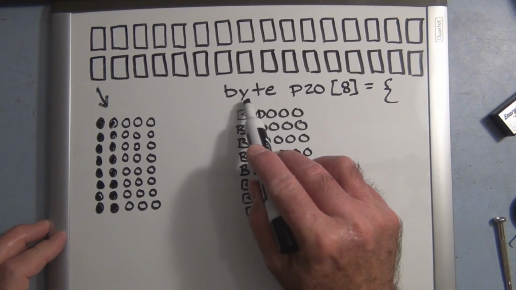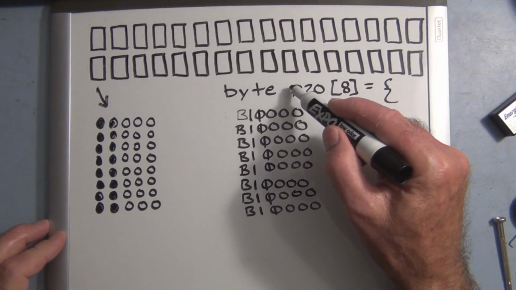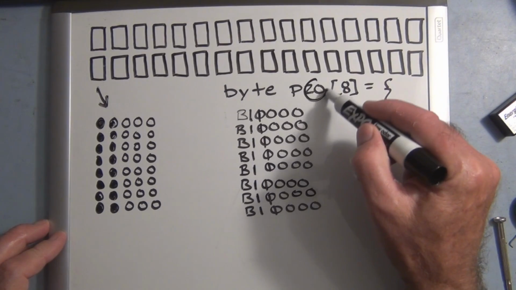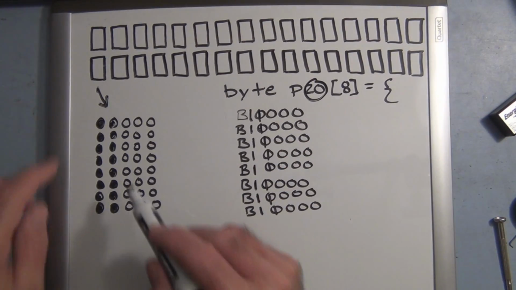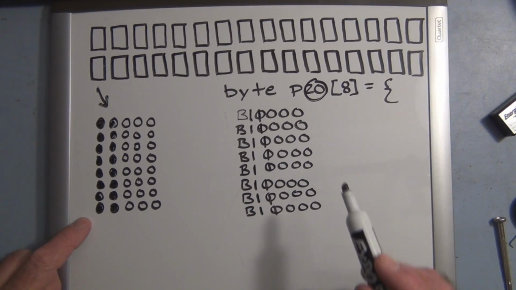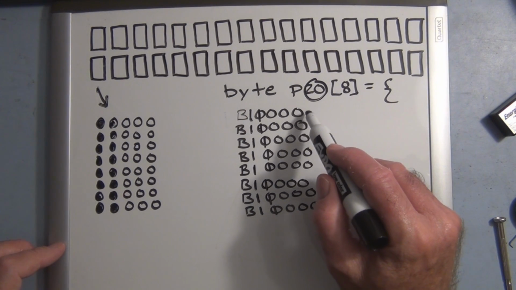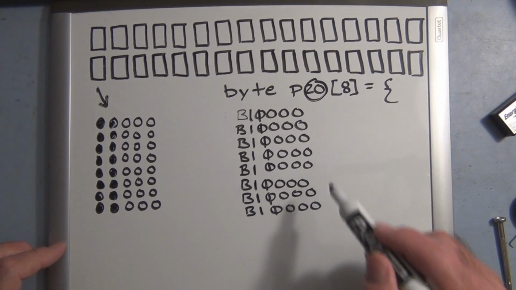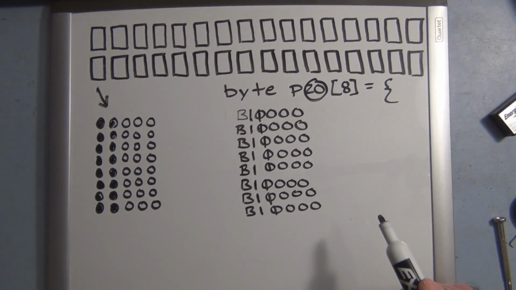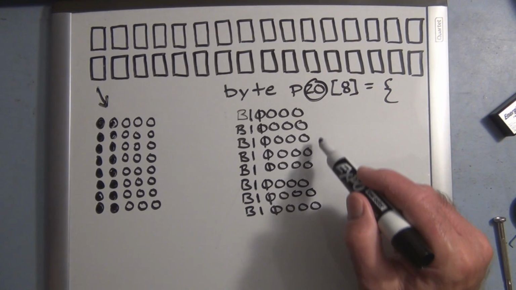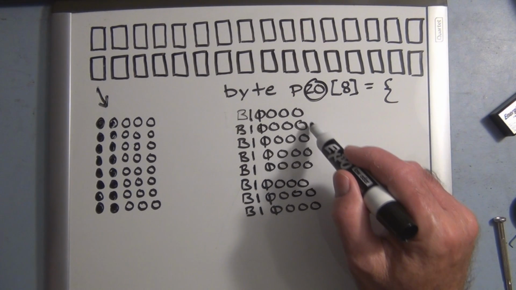We use the same byte. P20 is for the 20%, that one row lit up, and then we'll call the next one P40, P60, 80. So here we're defining those special characters and creating those characters.